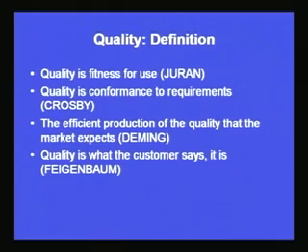Now the last definition on your screen, you can see: quality is what the customer says it is. So if the customer says that yes, this is what I want, and we are able to satisfy his demand, we can very easily say that yes, this is what the quality is. So we have seen that quality is driven by the customer demands, and it also depends on what we are producing. So if we are producing a product which is able to satisfy the demand of the customer, we can very easily conclude that we are able to justify the quality requirements of the customer.